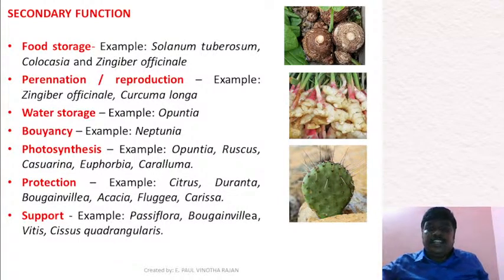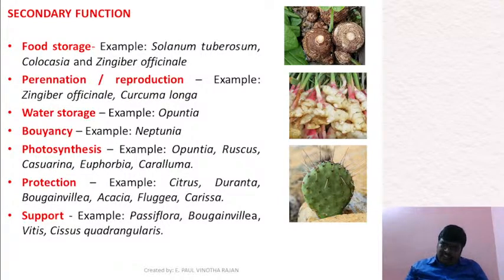Opuntia is a cactus. It is a xerophytic plant. The leaves are modified into spines, whereas the green part that we are seeing here is the stem.